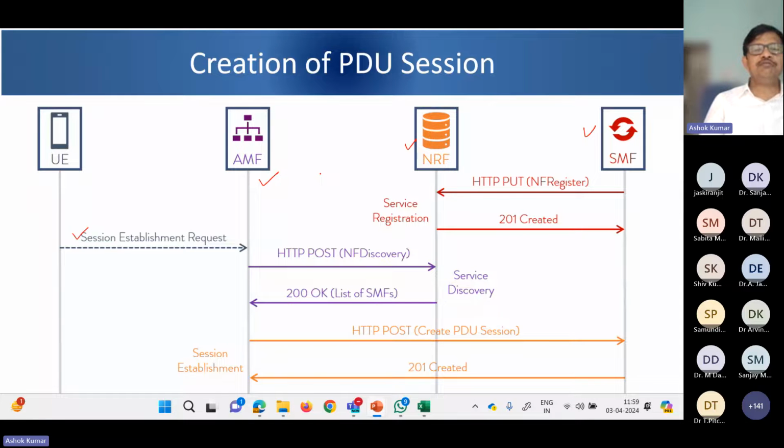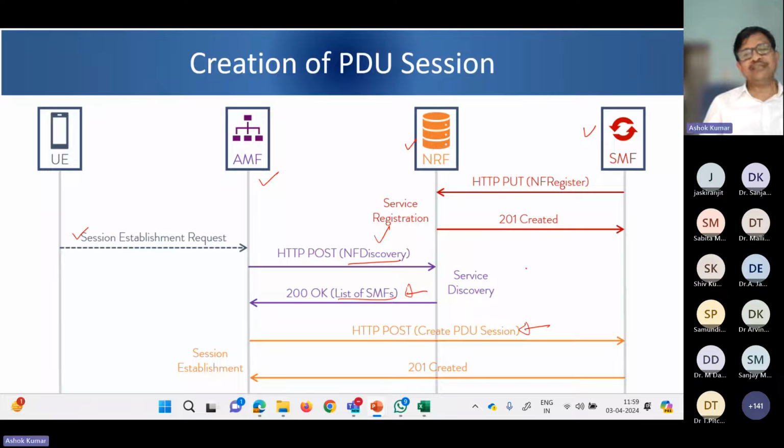So the AMF will discover from NRF the list of all the SMFs with their profiles. So NRF will provide to AMF the list of all the SMFs on the network with their profiles. Now AMF will select a particular SMF and ask that SMF to create a PDU session.